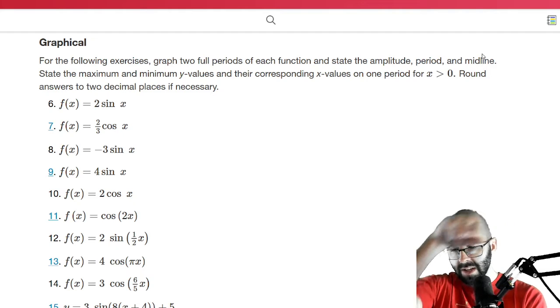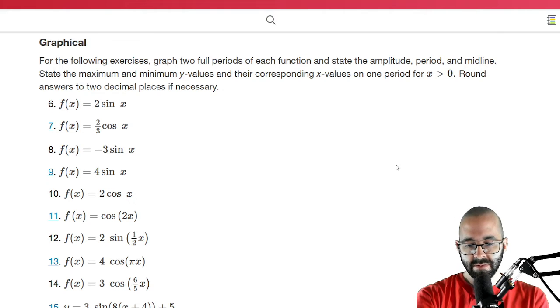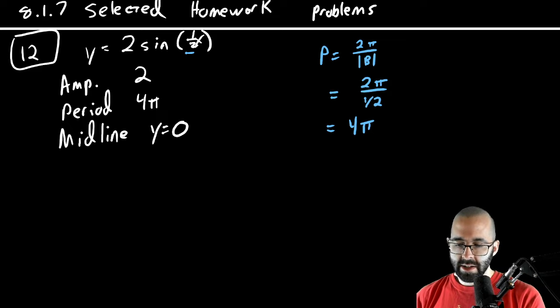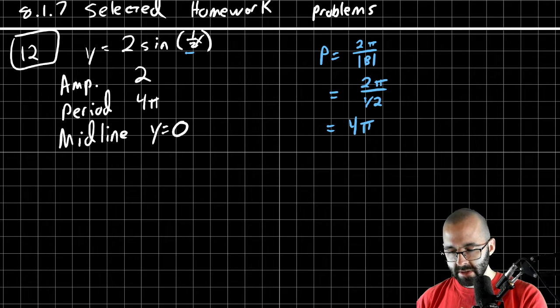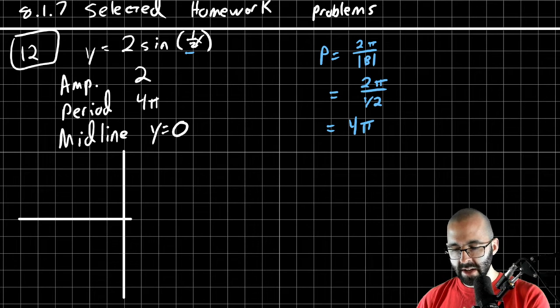Amplitude, period, midline. State the maximum and minimum y values and their corresponding x values on one period. So that's probably kind of easier to do after we get a graph. So let's get our graph in here. The midline is at y equals 0.